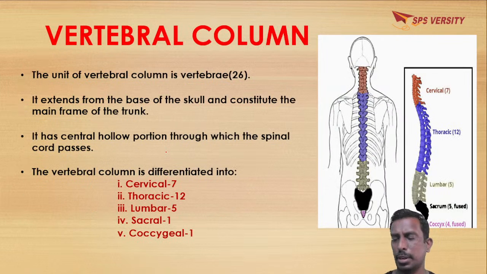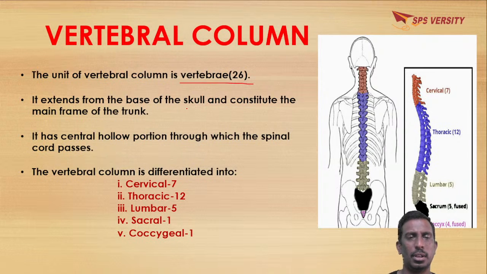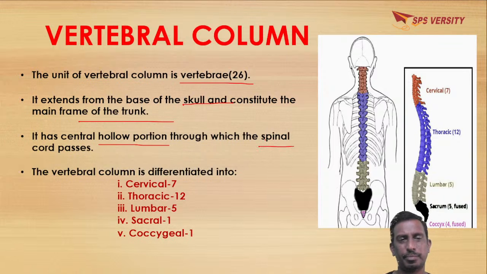Okay, come to the vertebral column. The vertebral column is made up of units called vertebrae, which are 26 in number. It extends from the skull to the main framework of the trunk. And in the hollow portion of the vertebral column, there will be the spinal cord.